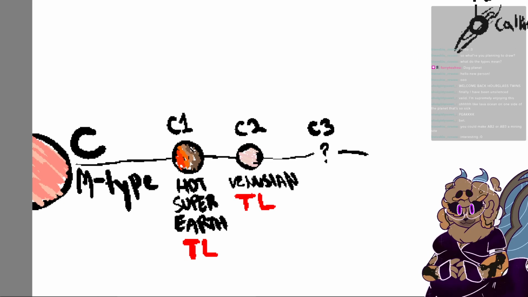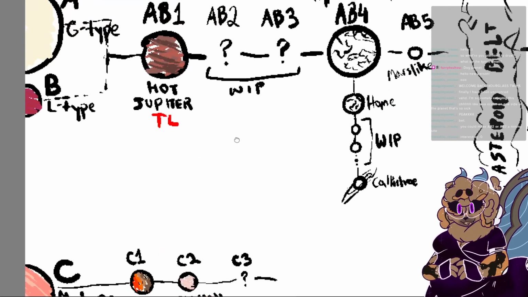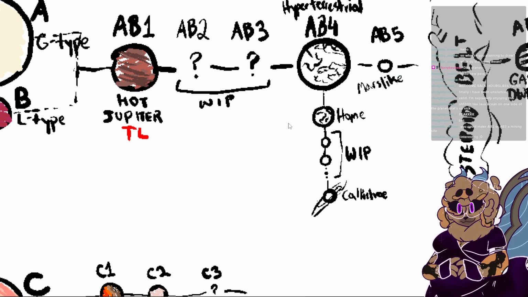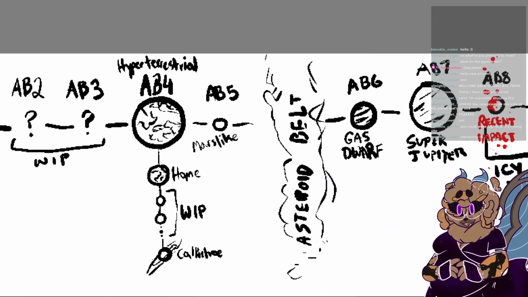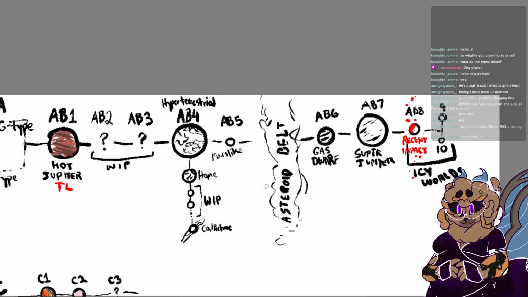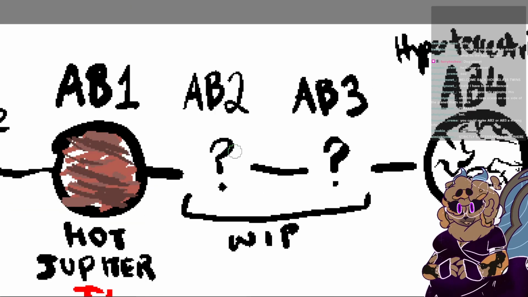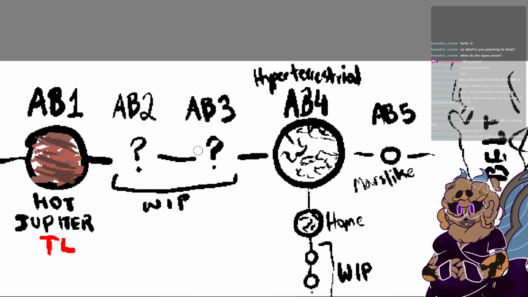So I think actually, I should draw out with blue or something similar the ice line for the system. I think I actually want the asteroid belt to be beyond it. That could actually be really cool for AB3 to be a mostly desolate, maybe formerly volcanic planet that died off, so it's got a lot of lava tubes under the surface.